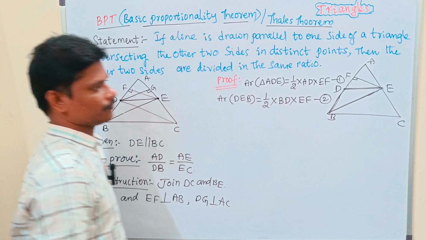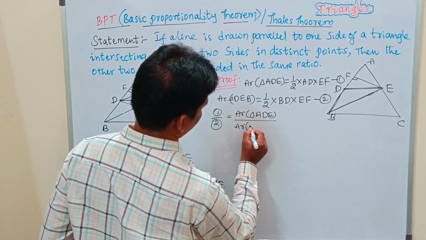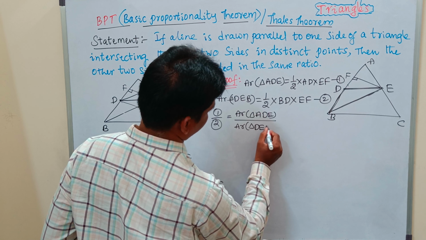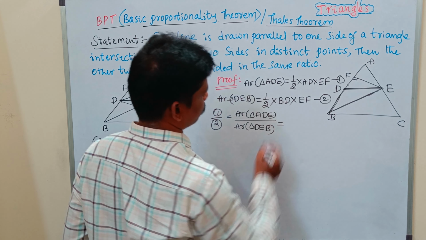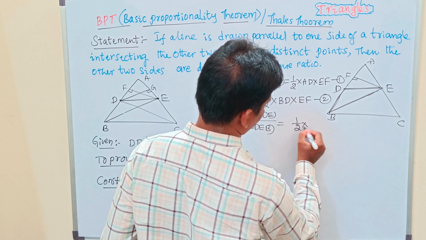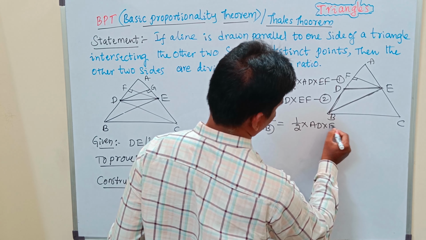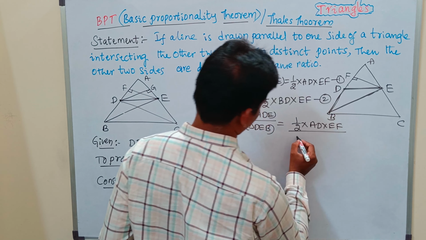So dividing 1 by 2. What happened? So here, area of triangle ADE by area of triangle DEB is equal to, here the half of AD into EF by half into BD or DB into EF.